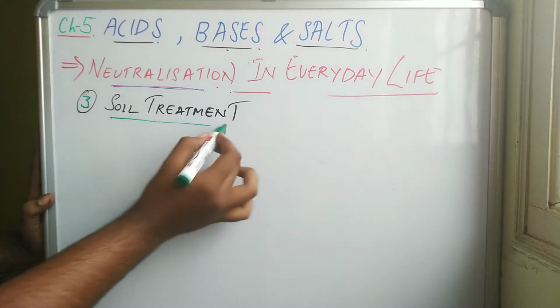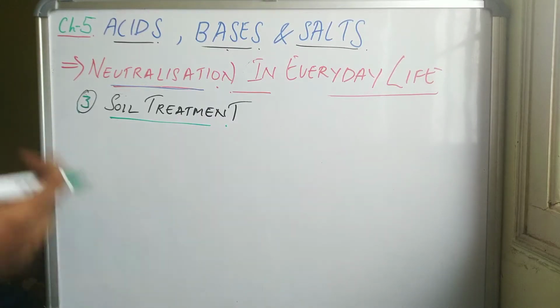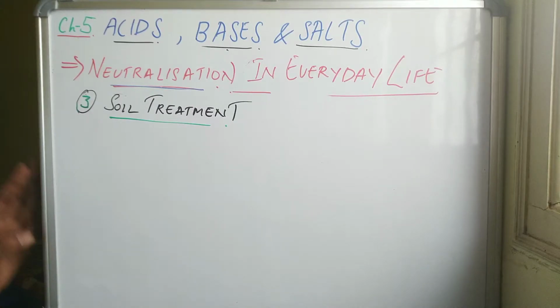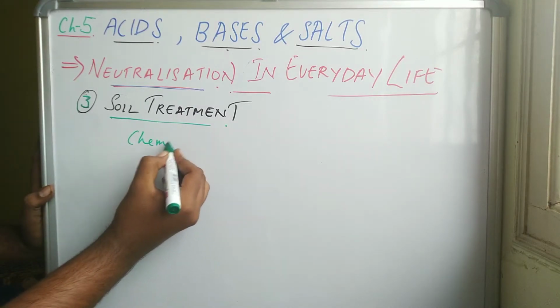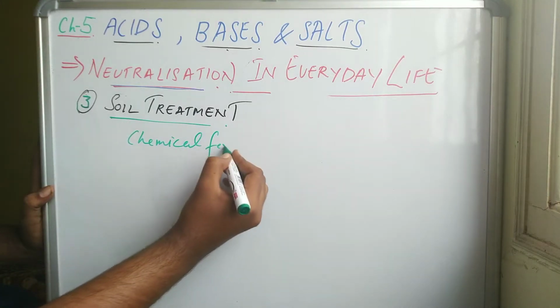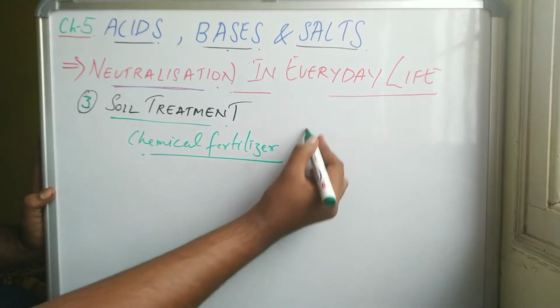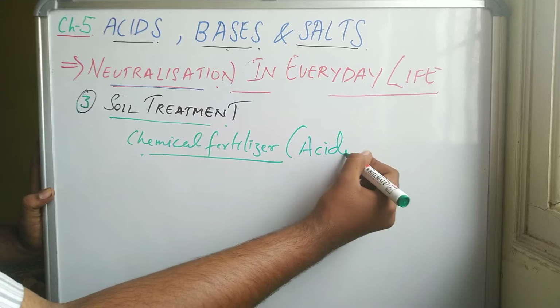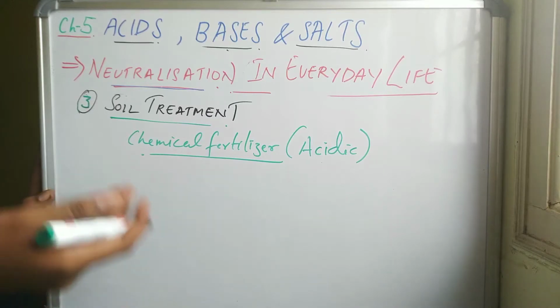Moving on to the third one, that is soil treatments. So what happens in the soil? See, we use chemical fertilizers and all. Chemical fertilizers mostly contain acid. So when we use an excess amount of chemical fertilizers, the soil becomes acidic, and plants do not grow well.